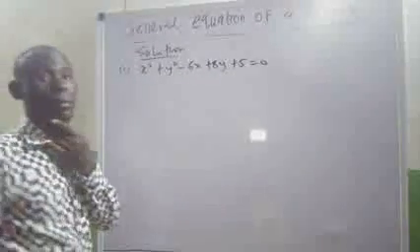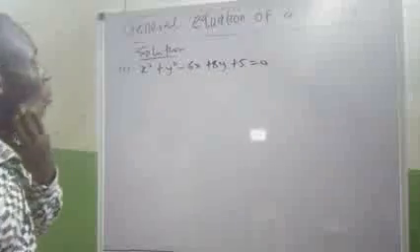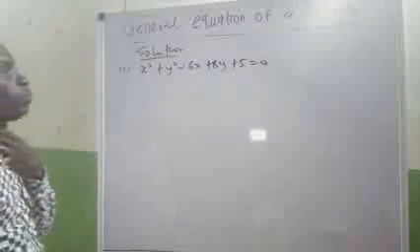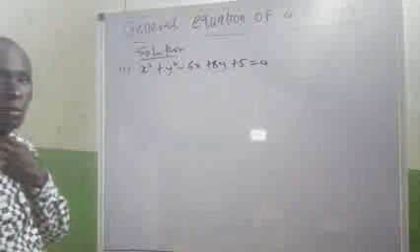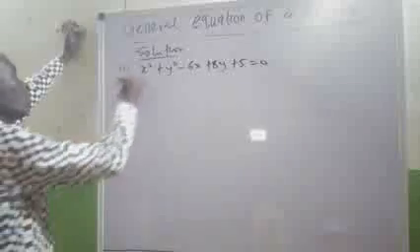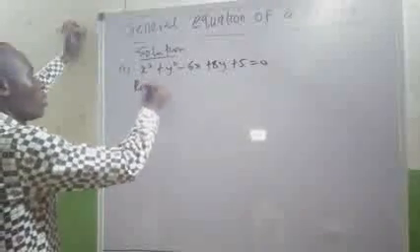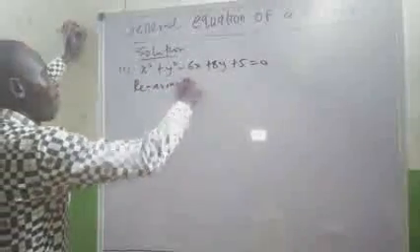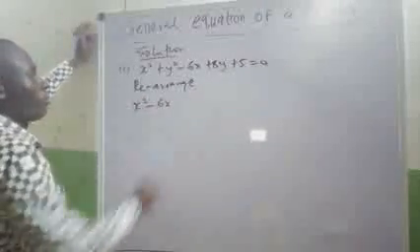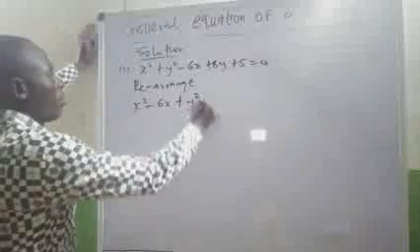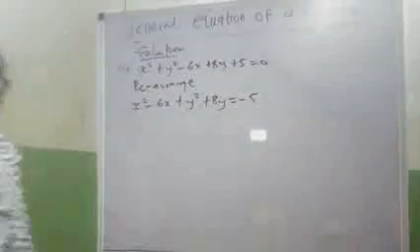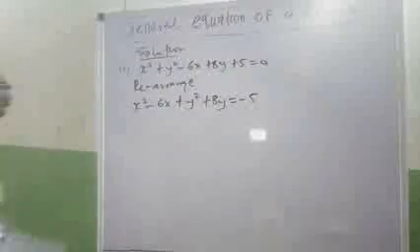Number 1, we have x squared plus y squared minus 6x plus 8y plus 5 is equal to 0. Now, if we rearrange this, we have x squared minus 6x plus y squared plus 8y will be equal to minus 5. Then what we need to do is to complete the square.